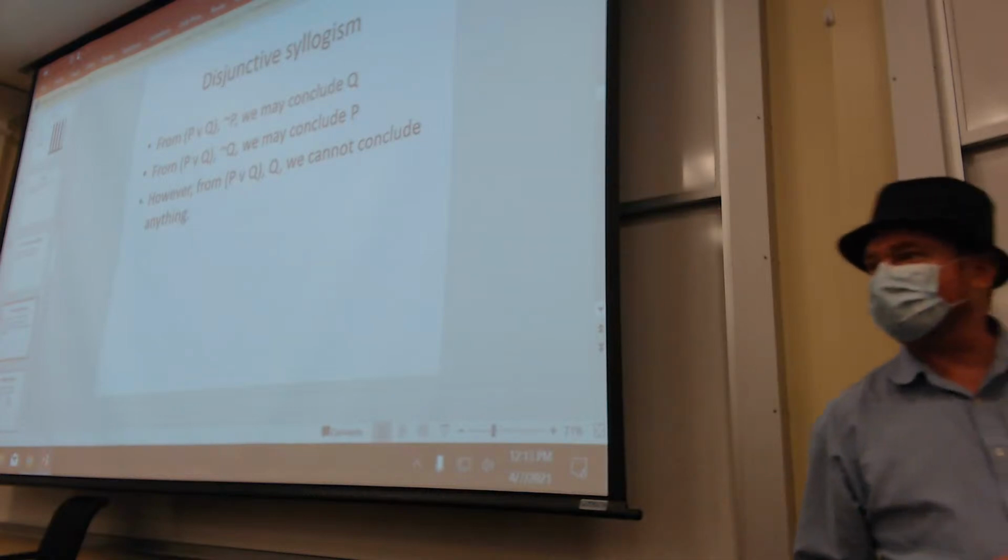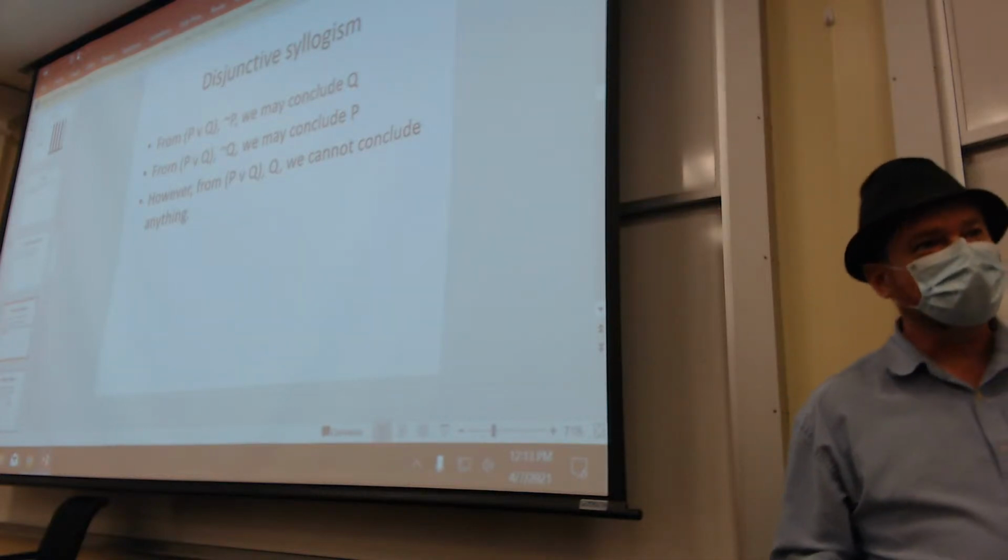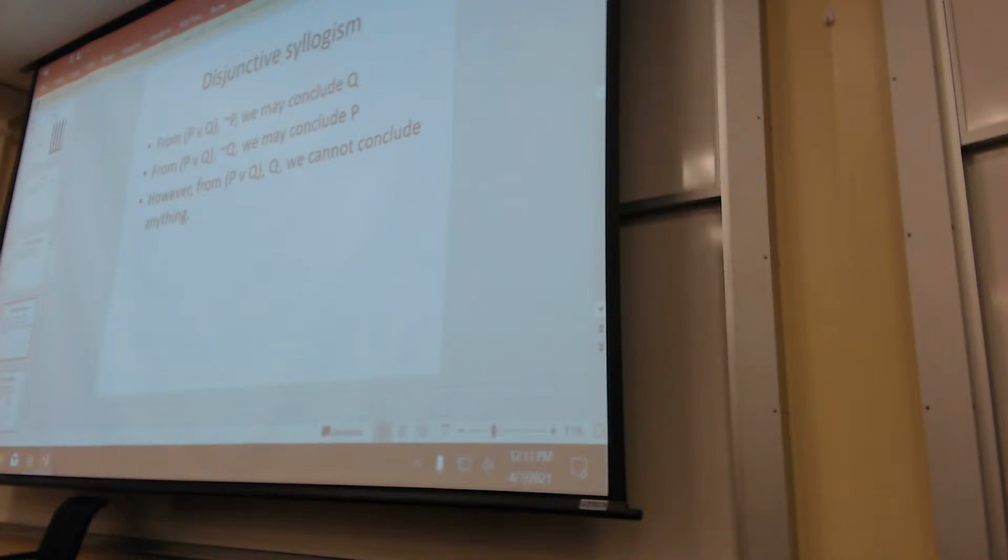Now, to make it more complicated, you're thinking, please don't, but reality makes it more complicated. This works with negations inside the parentheses as well. So anytime I have the opposite of what's in an or statement, I can infer that the remaining half is correct.